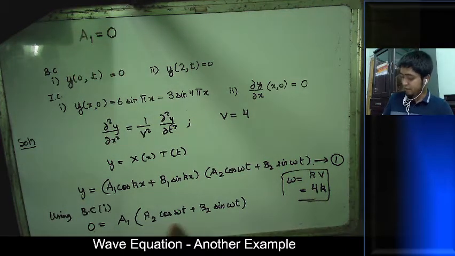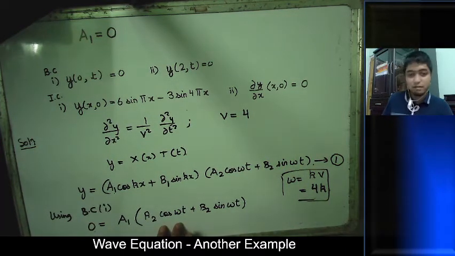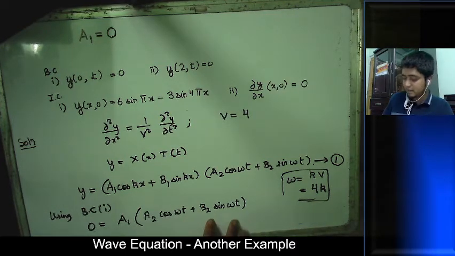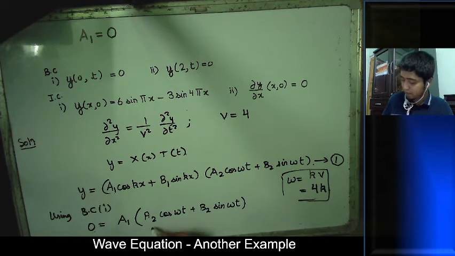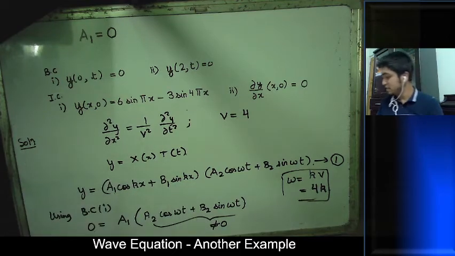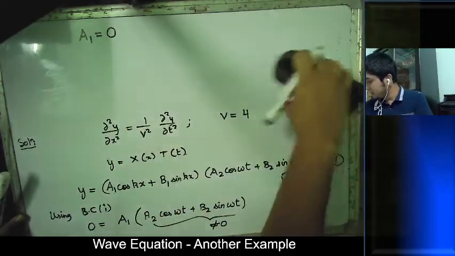All right, you can divide this whole thing, because this works for any time t like we had discussed. So you can divide by this, which may not be equal to 0. Upon division you will get that a1 is 0. Next, what will we do?